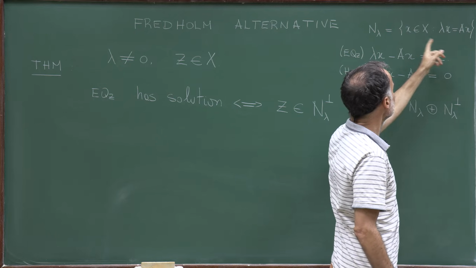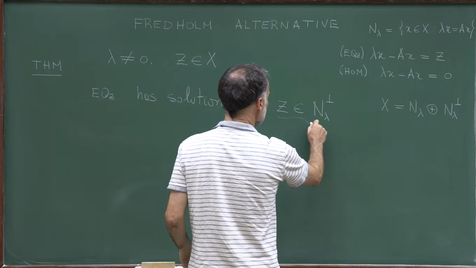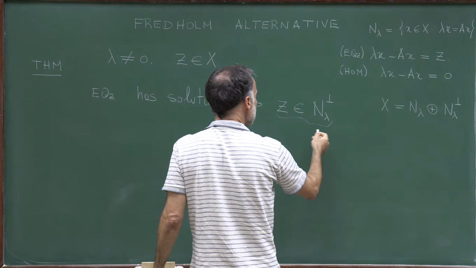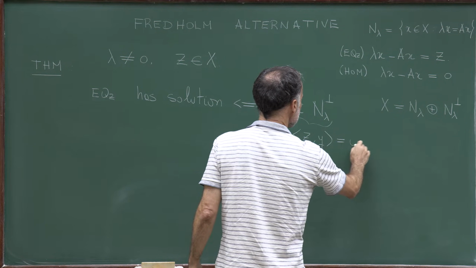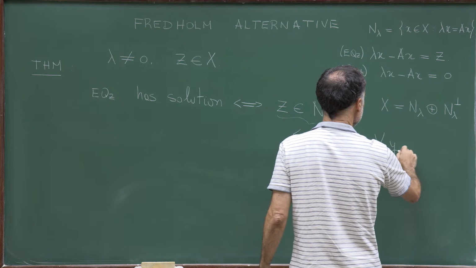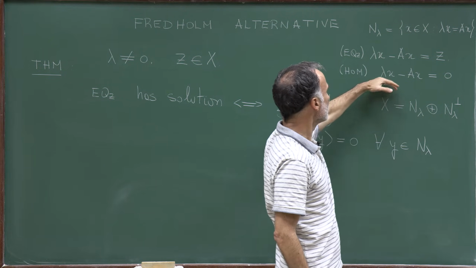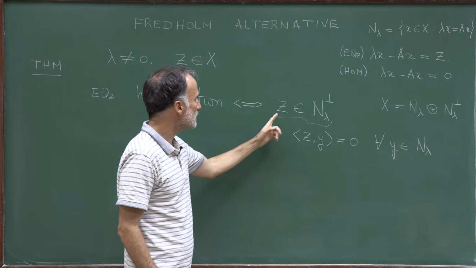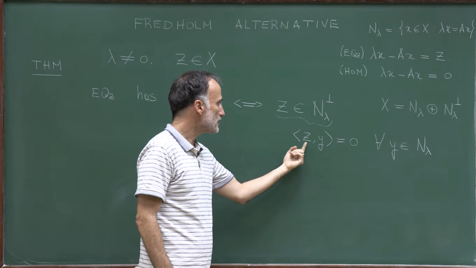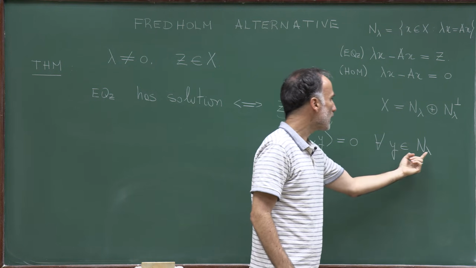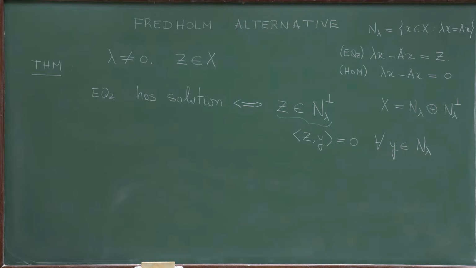You see that this is the same thing as requiring that the scalar product of z with y is equal to 0 for all y in N(lambda), which means for all y which solves the homogeneous equation. So saying that z belongs to the orthogonal of N(lambda) is the same as requiring that z is orthogonal to y for all y in N(lambda). So this is the theorem which I want to prove.